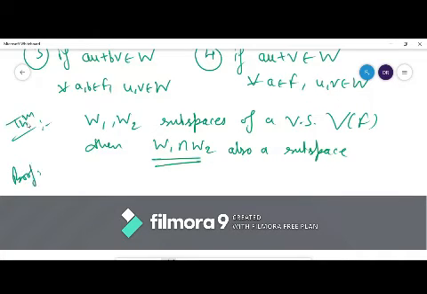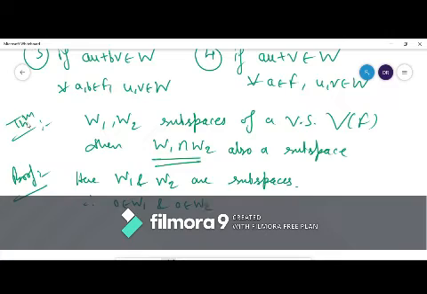Proof of theorem. Here W1 and W2 are subspaces. Therefore, 0 belongs to W1 and 0 belongs to W2. Hence, 0 belongs to W1 intersection W2. This implies W1 intersection W2 is a non-empty set.